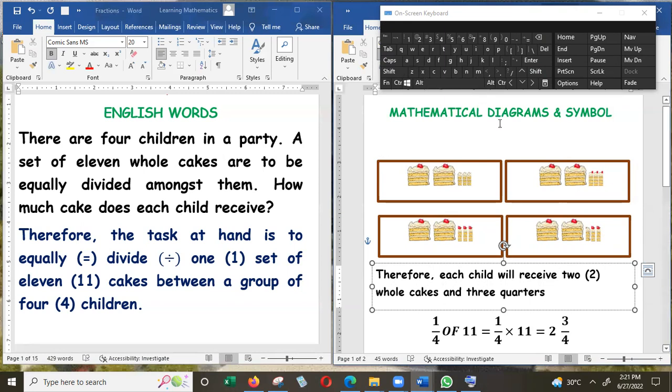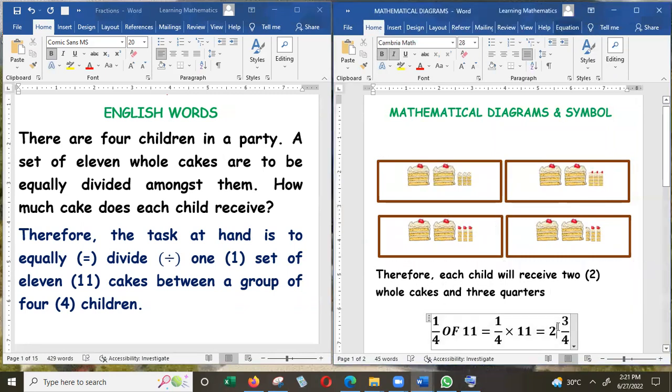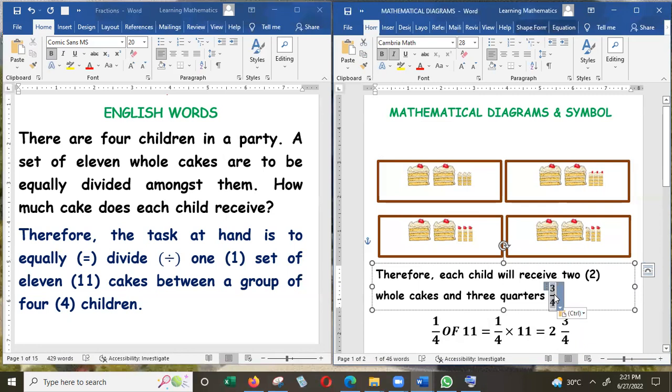Two whole cakes and 3 quarters of 1. Here is a symbol for 3 quarters of a whole 1.